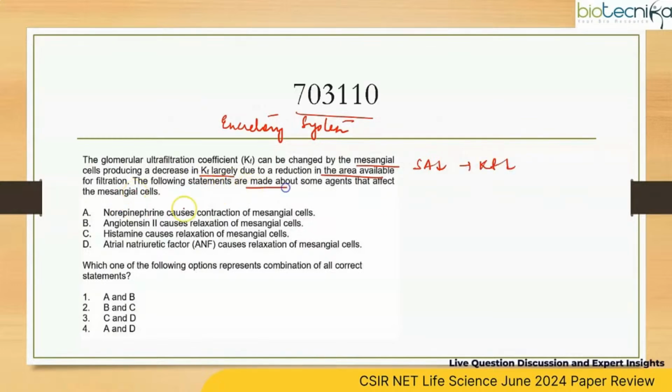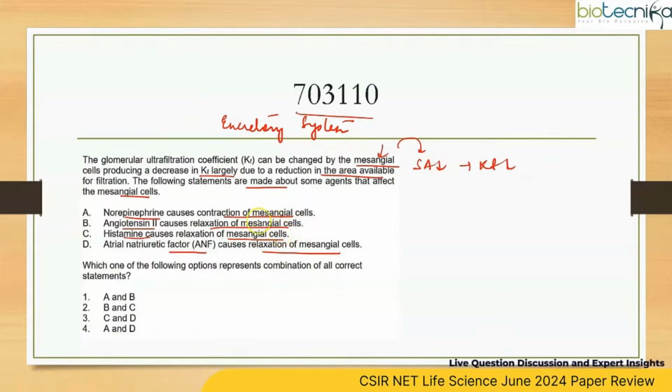The following statements are made about some agents that affect these mesangial cells, that alter the surface area. A. Norepinephrine causes contraction of mesangial cells. B. Angiotensin II causes relaxation of mesangial cells. C. Histamine causes relaxation of mesangial cells. D. ANF causes relaxation of mesangial cells.